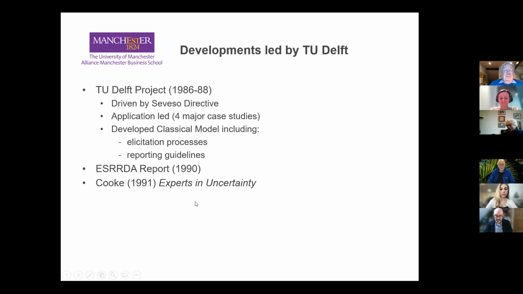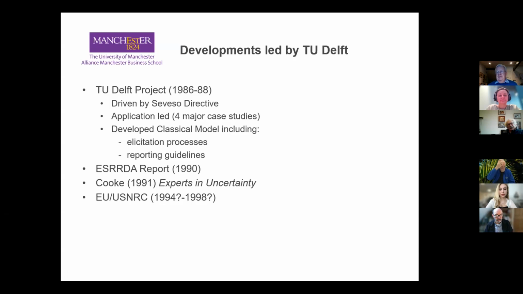In '91, Roger published his book. And then, and I'm not sure of the dates because there was a lot of political argy-bargy about startup and everything else, there was a big project of the EU framework groups in the UK and the US Nuclear Regulatory Commission. It was a big project looking at doing expert judgment for probabilistic safety studies of nuclear reactors.